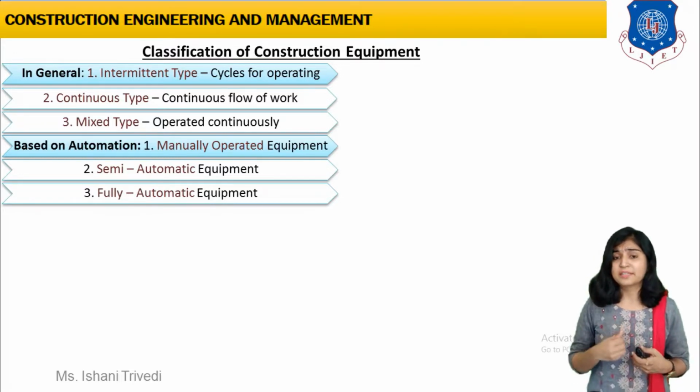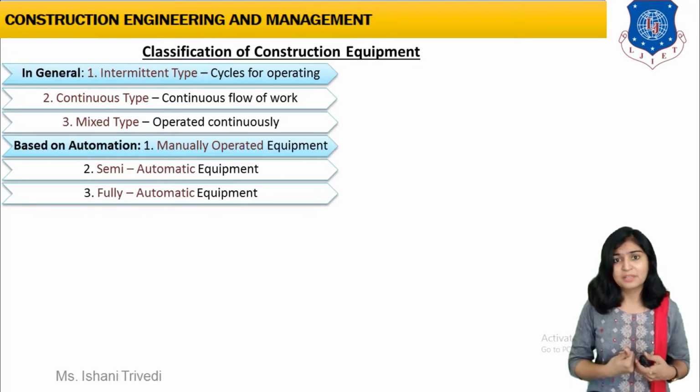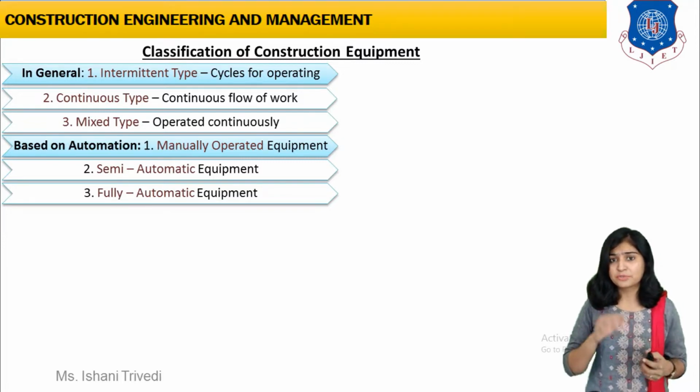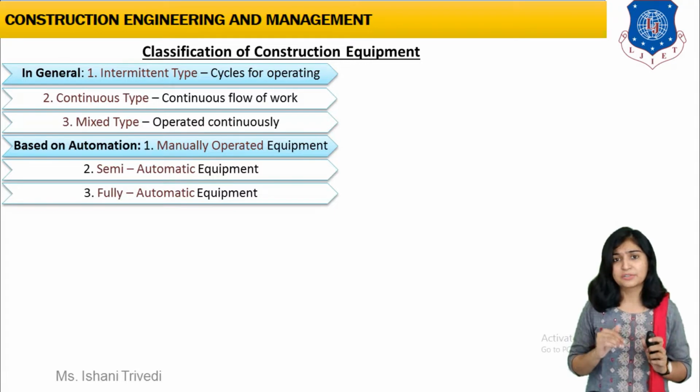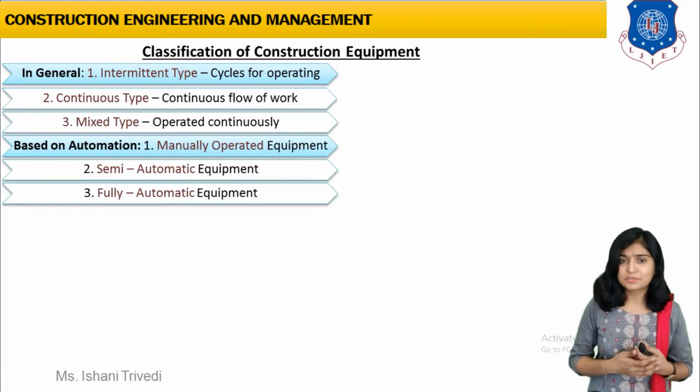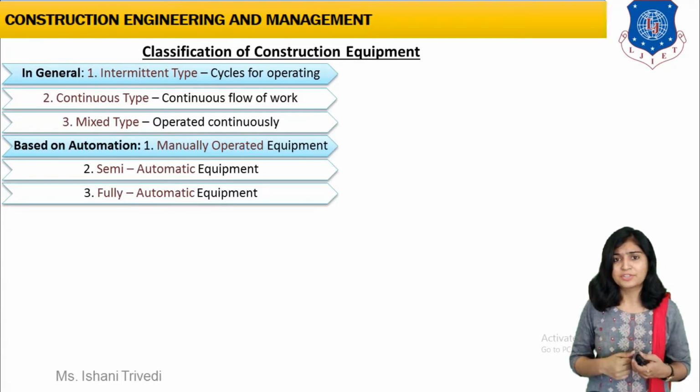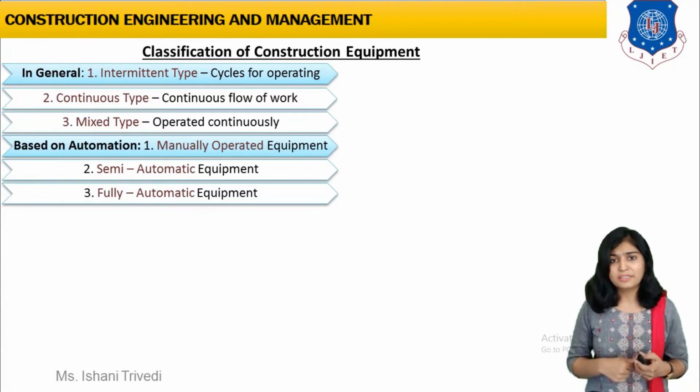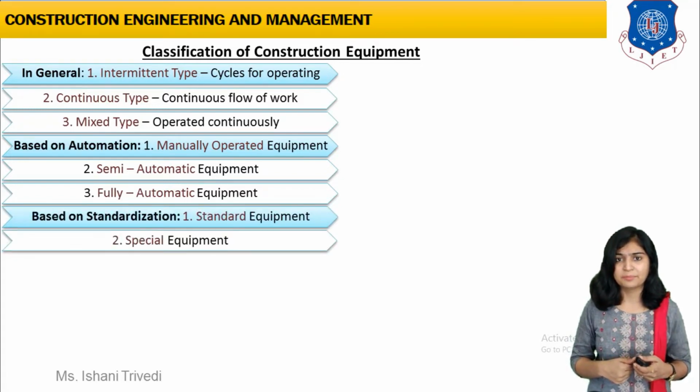In the operating chamber, sometimes things are semi-automatic: you just have to press the controls, take hold and carry out the work. Same is the case in excavators. So based on the nature of automation, we have manually operated, semi-automatic and fully automatic equipment.